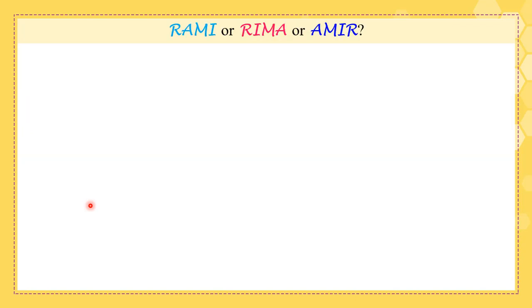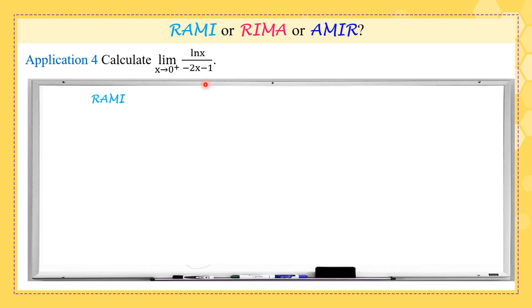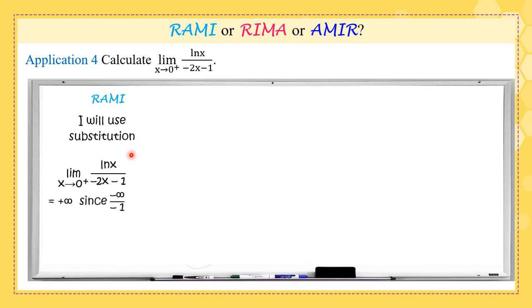Now, Rami, Rima, and Amir. The question is to calculate the limit as x tends to 0 plus of ln x over minus 2x minus 1. Rami: I will use substitution. By substitution, Rami got plus infinity, and he said that this happens because we have negative infinity over negative 1.